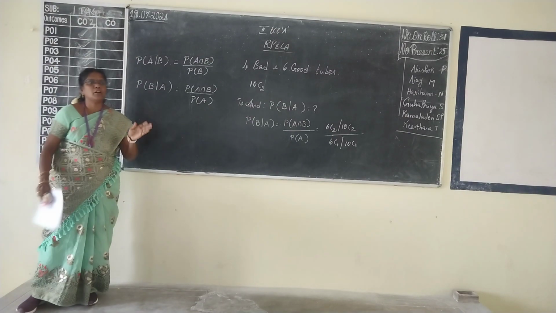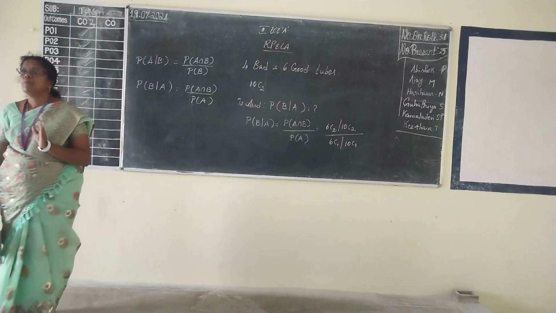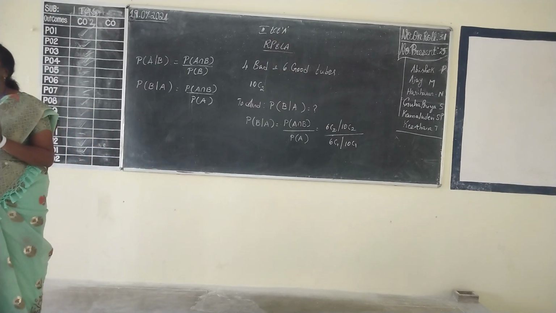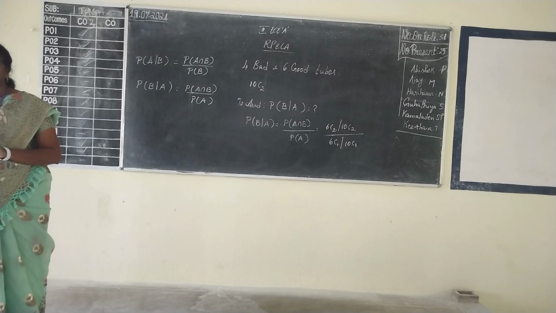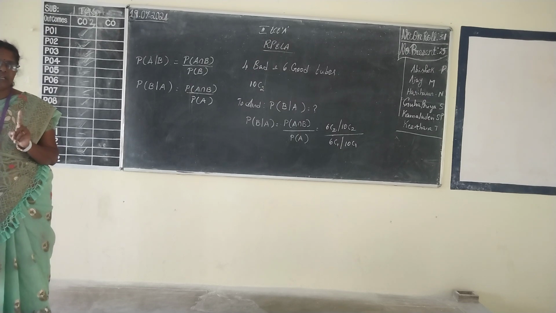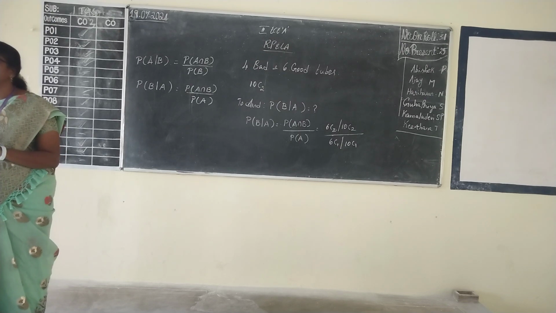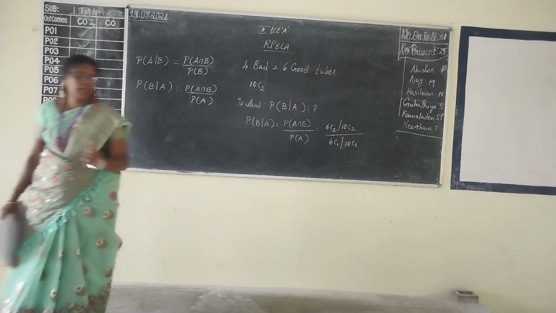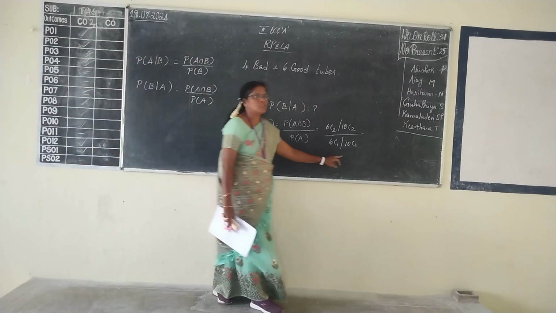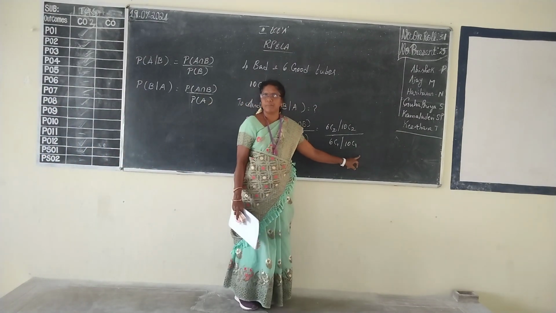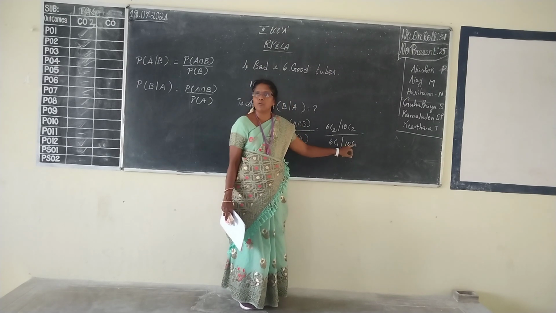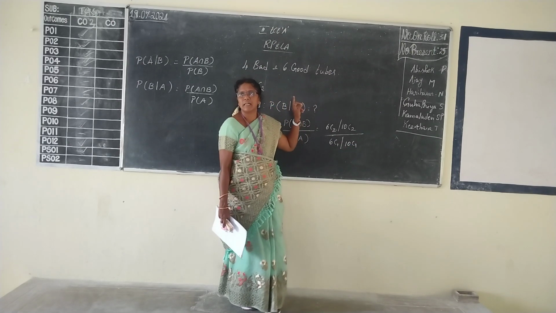What is the meaning of P of A now? Probability of the first tube to be good. Only one tube you are going to discuss. Total how many tubes are there? 10. Out of 10 you are going to pick 1 tube. So exhaustive is 10C1. That one tube should be a good one. Total how many good tubes are there? 6.